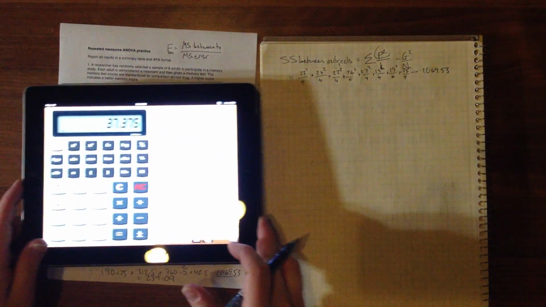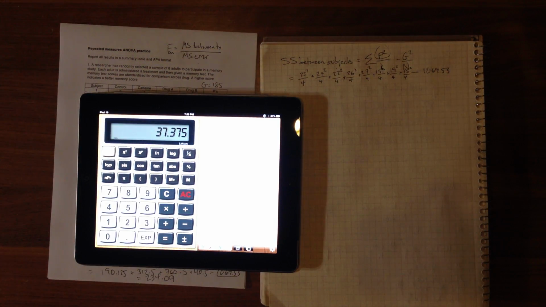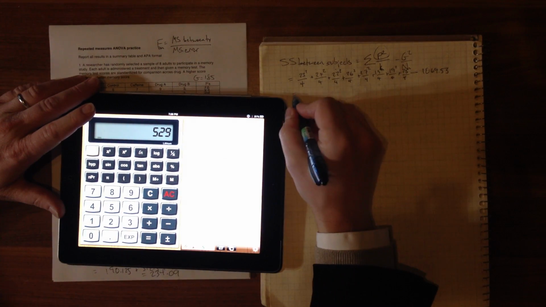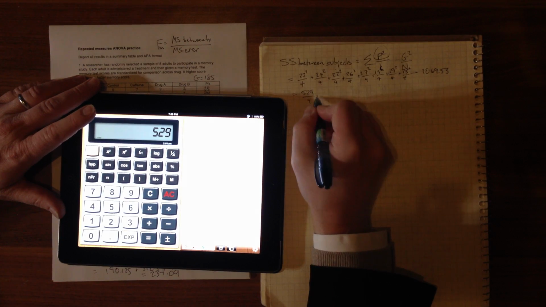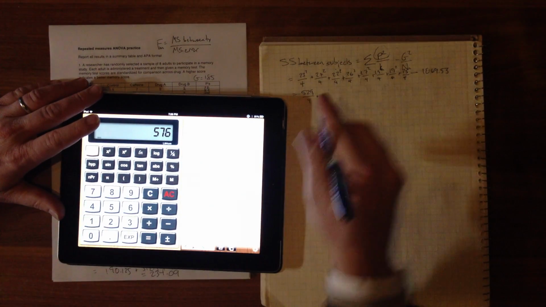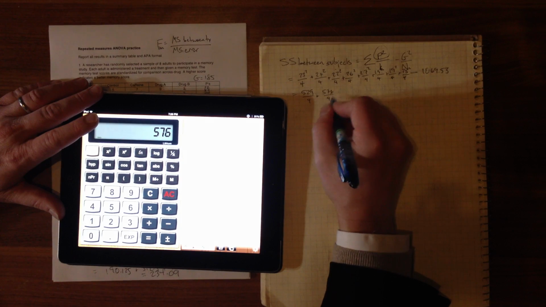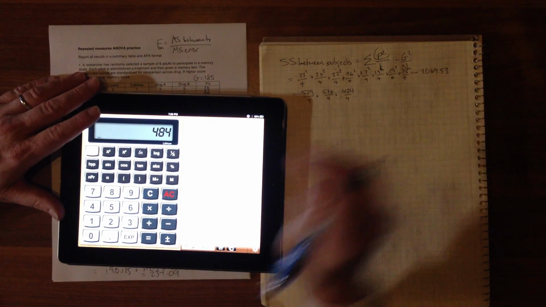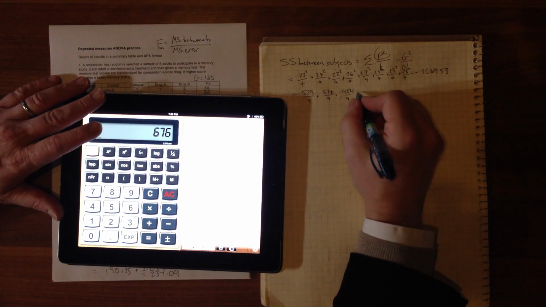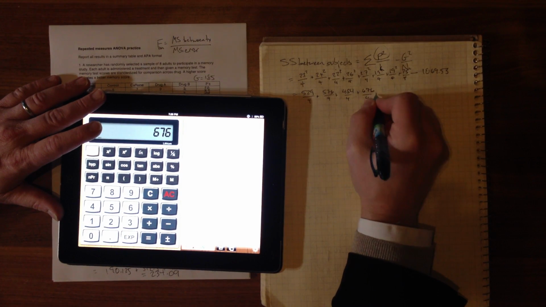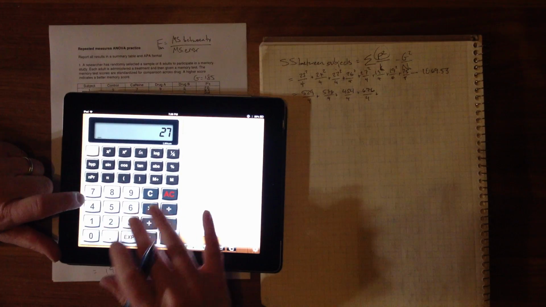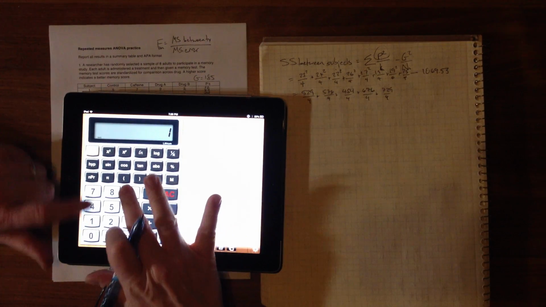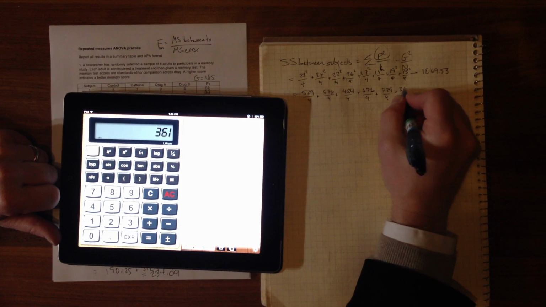Alright, let's get out our calculator. Let's see what's what. 23 squared is 529. 24 squared, 576. 22 squared, 484. 26 squared is 676. 27 squared is 729. 19 squared is 361.